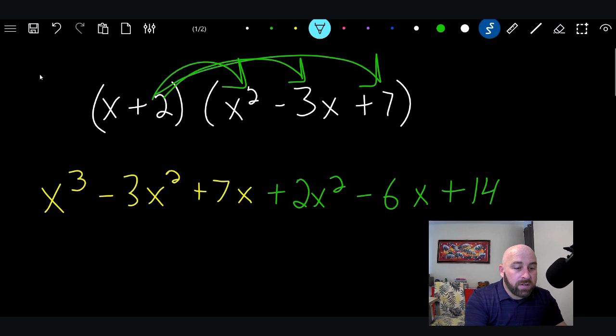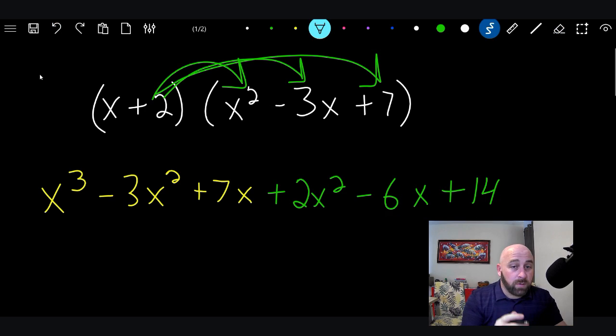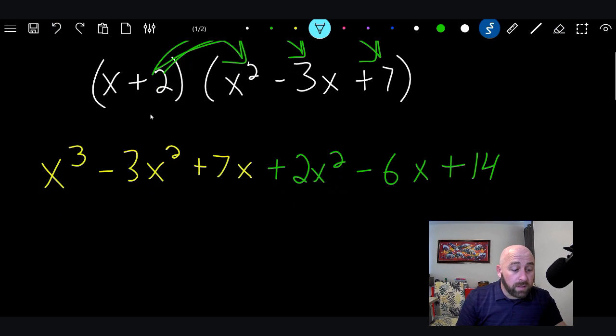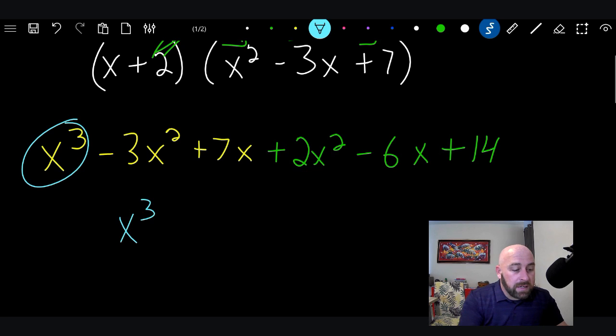And now what we're going to do is we're going to take these and we're going to combine them, okay, just like we've been combining like terms in FOIL and in other things. So here's what we want to do. X cubed. There's no other x cubed, so that one just goes down. And then we would go to x squared terms, and here's an x squared term. And so negative 3 plus 2 gives us negative 1, or just negative x squared.